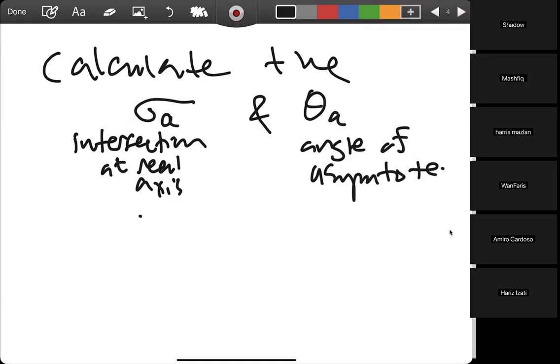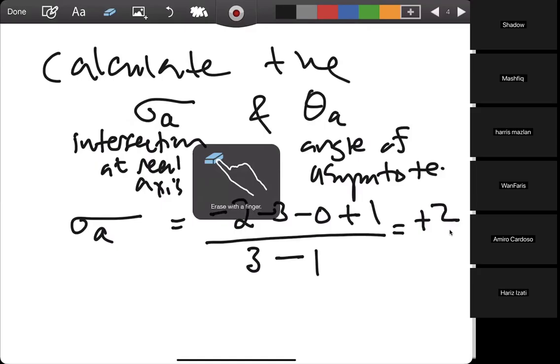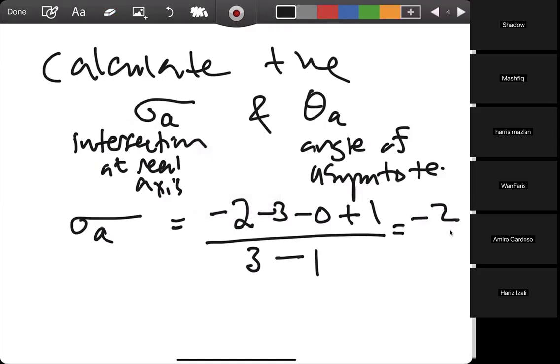Okay, so we calculate sigma A, which is the sum of the poles, -2, -3, 0, minus the zeros, divided by the number of poles 3 minus the number of zeros 1. So this will give you +2. Sorry, not +2, minus.